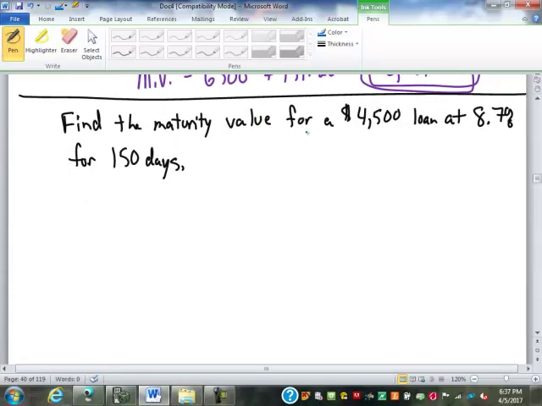Where do I start? $4,500. Yep, I equals 4,500. 0.087 for the 8.7%. 150 over 360 is our time, because it does not say ordinary or exact, so we assume ordinary.